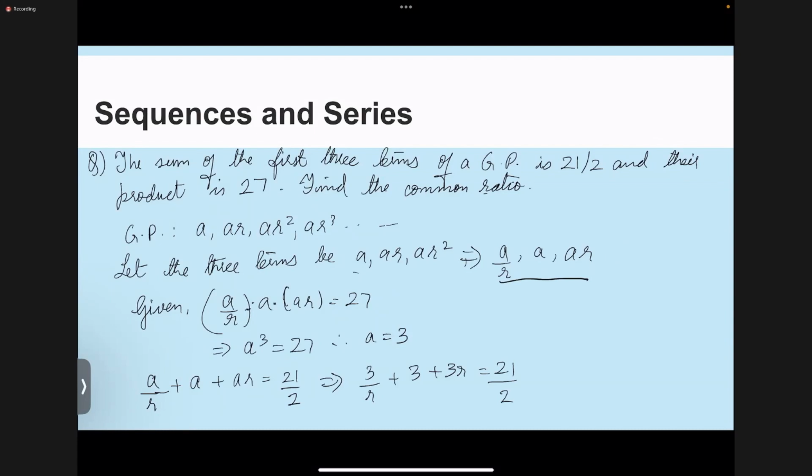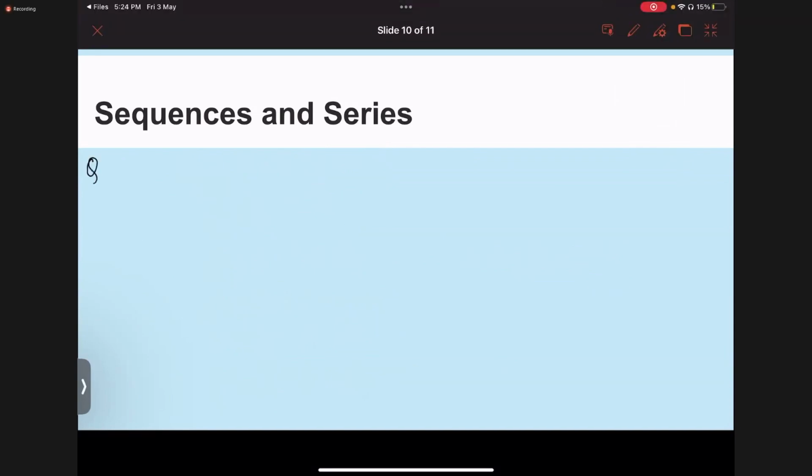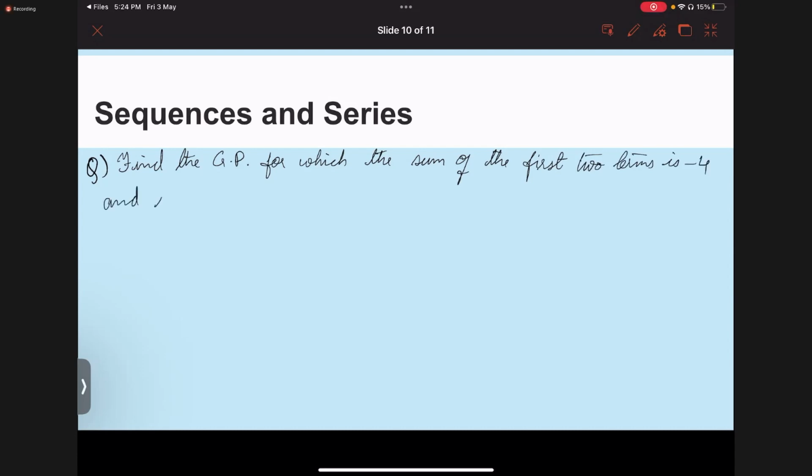Okay, let's take another question. So the question is, find the GP of which the sum of the first two terms is minus 4 and the fifth term is 4 times the third term.